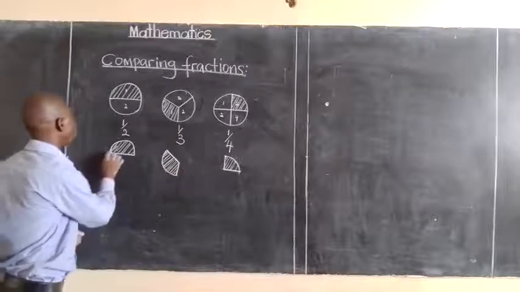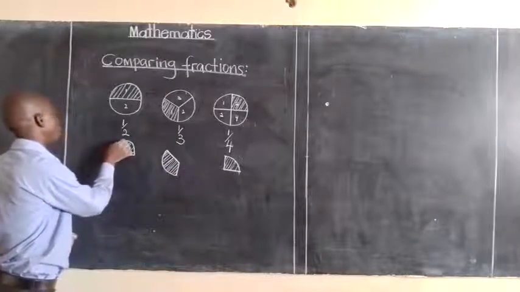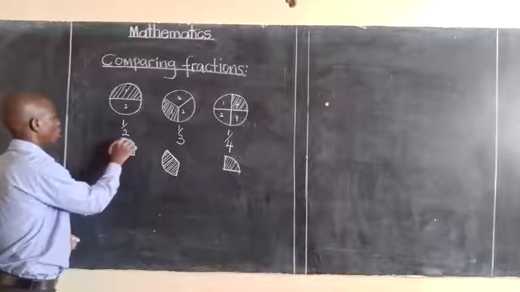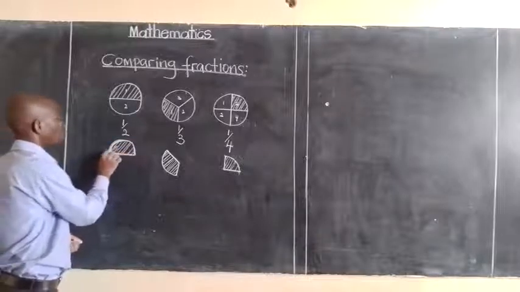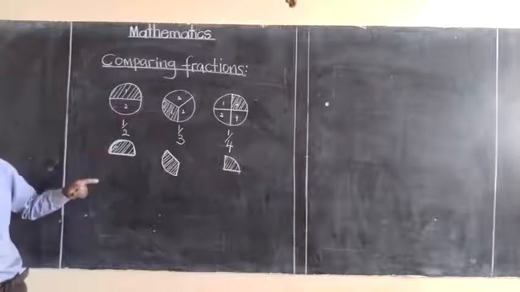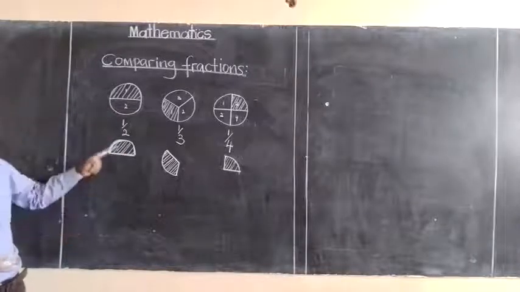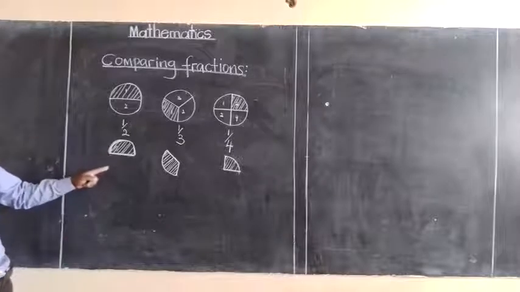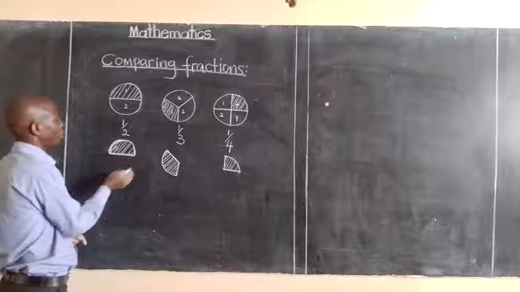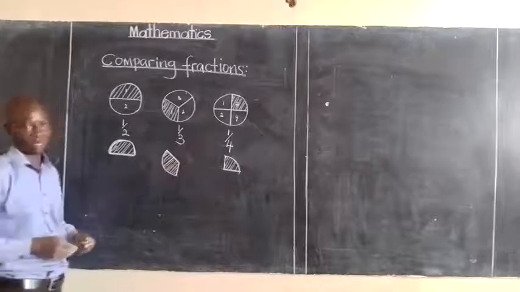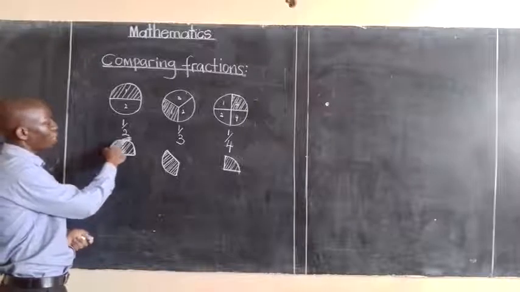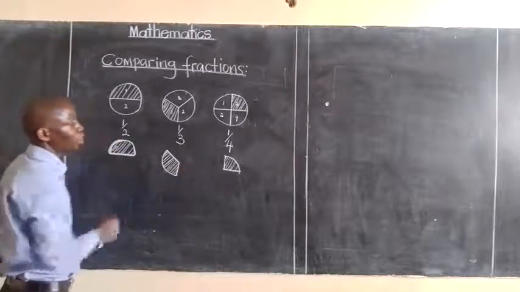Which one is bigger? This one has been divided in the middle into 2 parts. If you look at these parts and you compare, you will realize that this one is the biggest of all these parts. Therefore, if you are to compare a half and a quarter, which one is bigger?